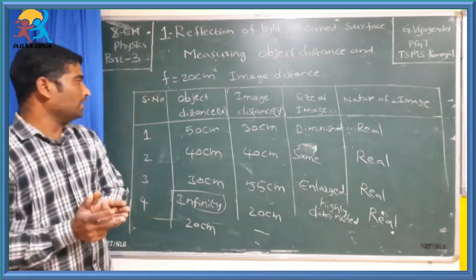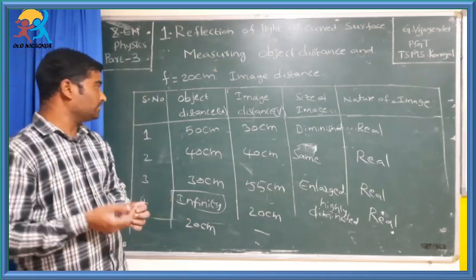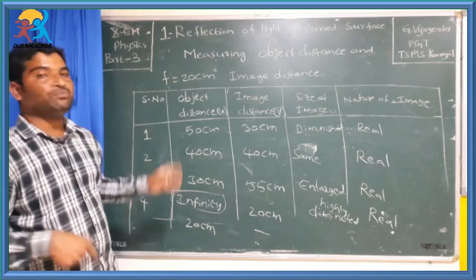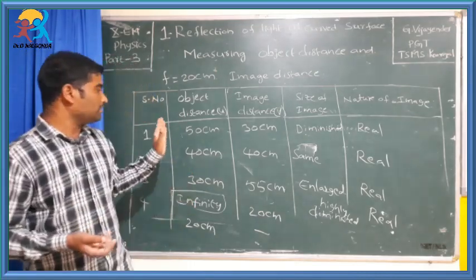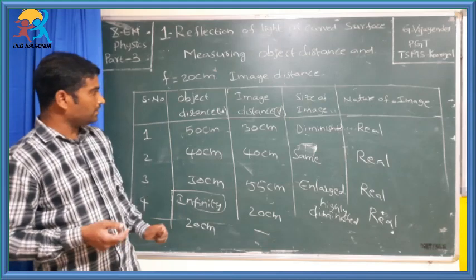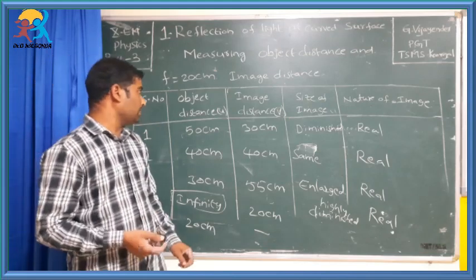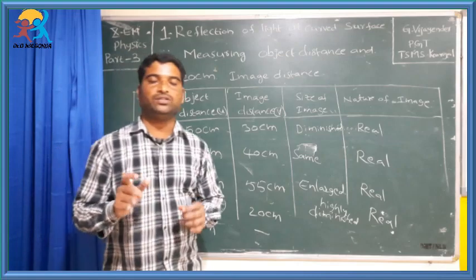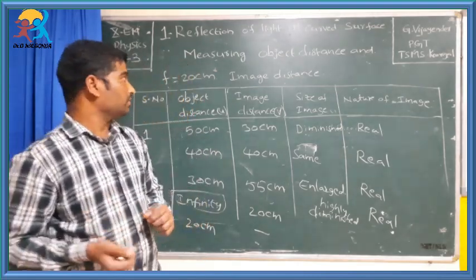So the relation between the object distance and image distance is inversely proportional. As the object distance decreases, the image distance increases.